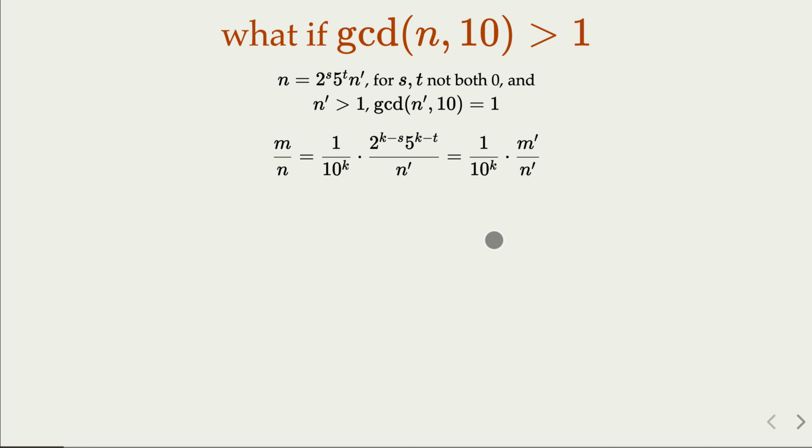for the fraction here, we turn the n to be 10^k times m prime, right? That means in the numerator you have to multiply by 2 to the k minus s or 5 to the k minus t, where k is the bigger value of s and t. So one of these would be 0.